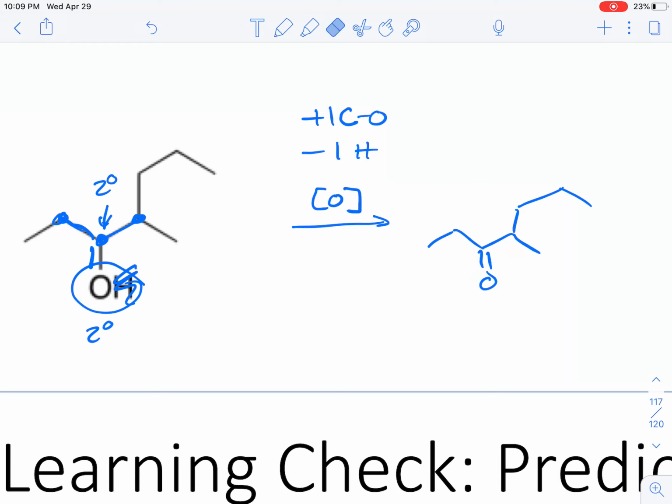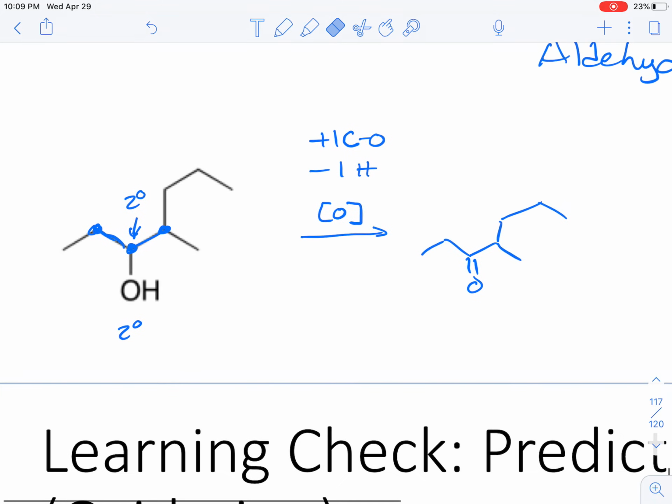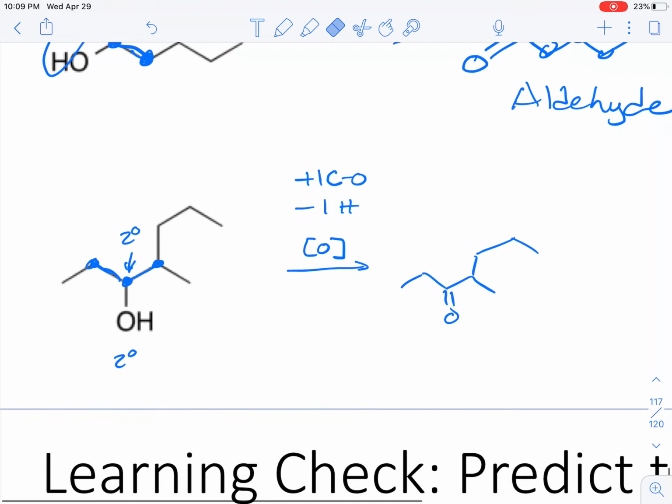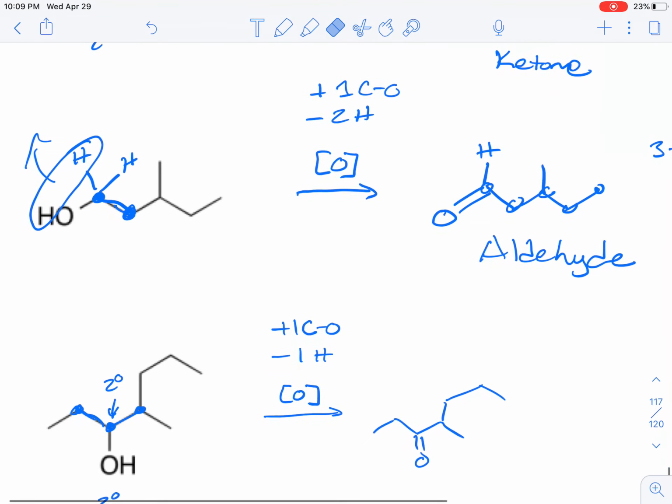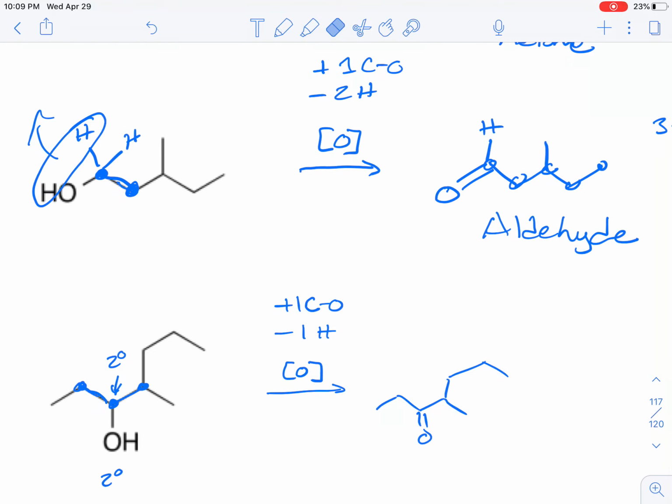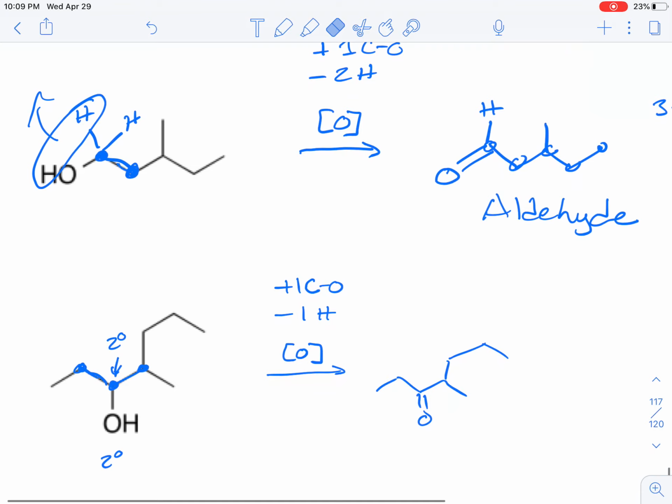So it sounds really complicated at first, predicting the products for oxidation reduction reactions, but really there is a trend. It's almost like a 50-50 shot. Aldehydes or ketones from alcohols. If you have a primary alcohol, you get an aldehyde.